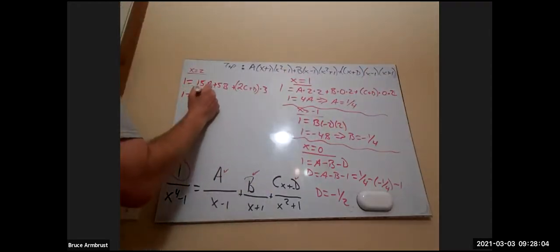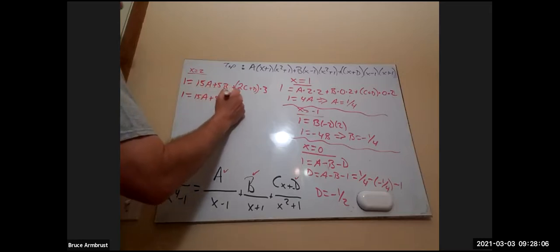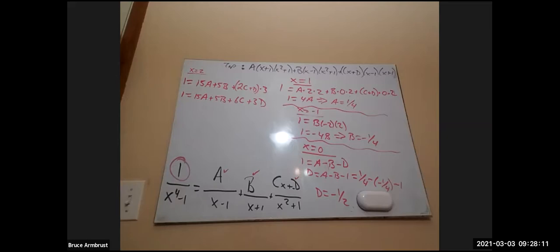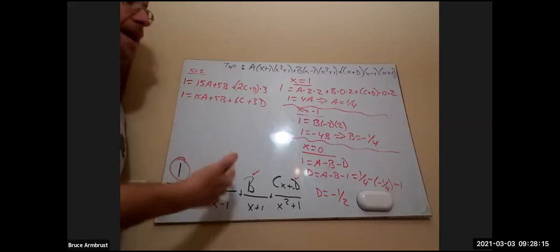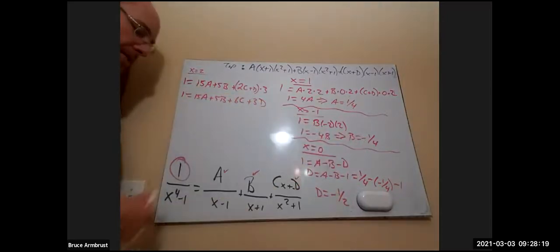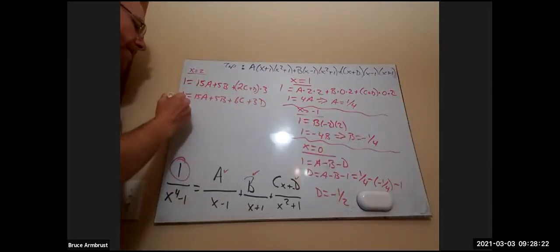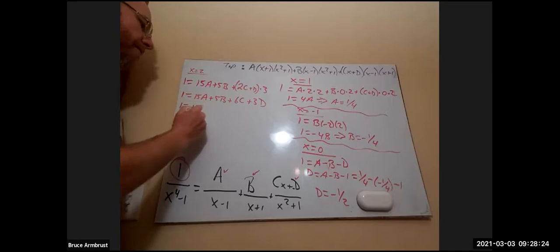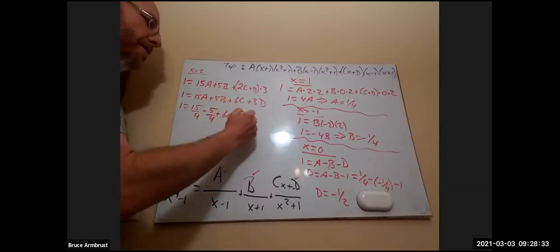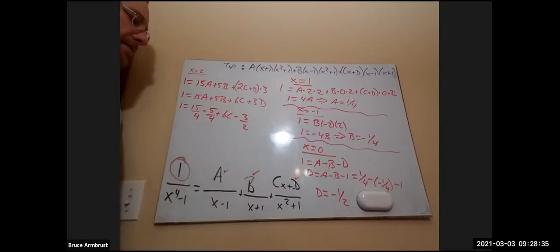So we have 1 equals 15A plus 5B plus 6C plus 3D. But now, since we know A, B, and D, we can put those in. So we're going to get 1 equals 15 fourths minus 5 fourths plus 6C minus 3 halves.